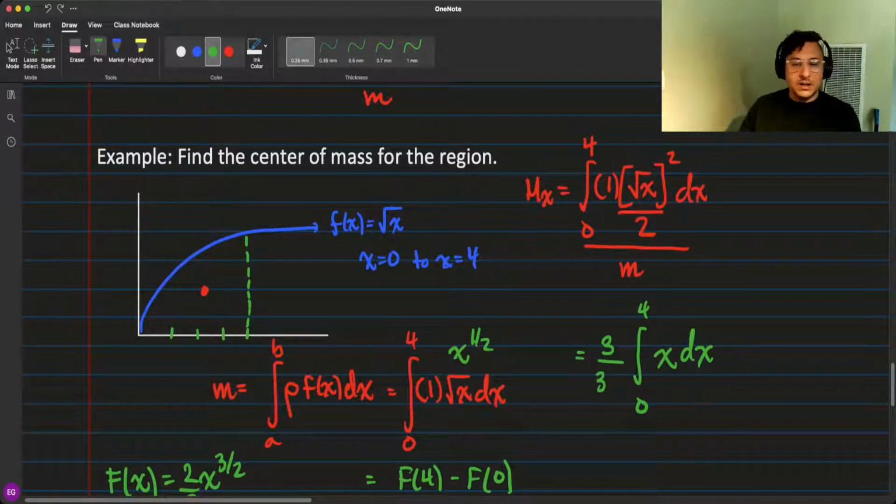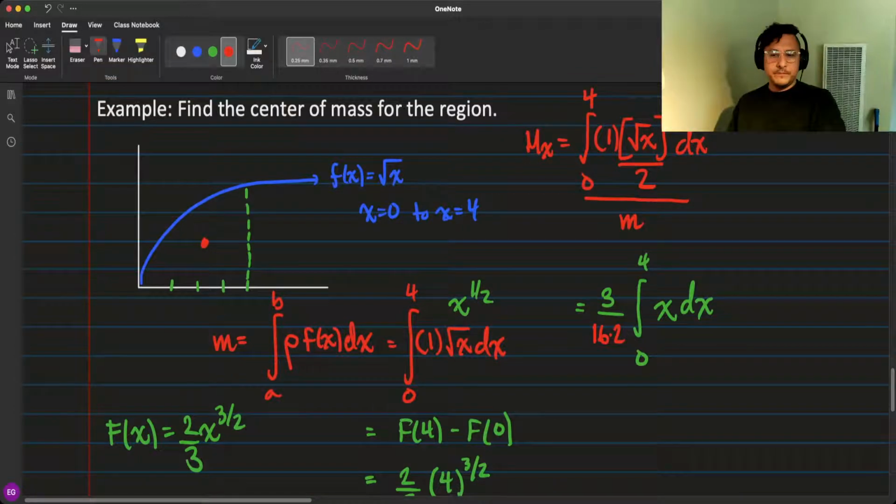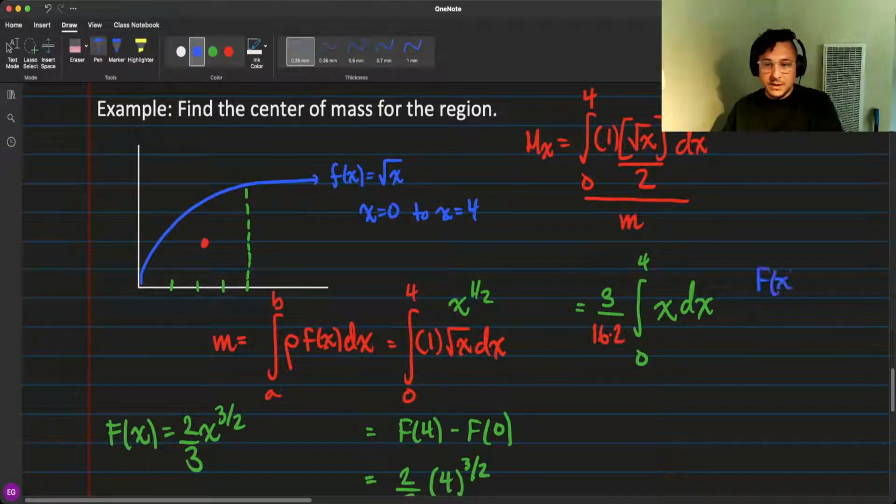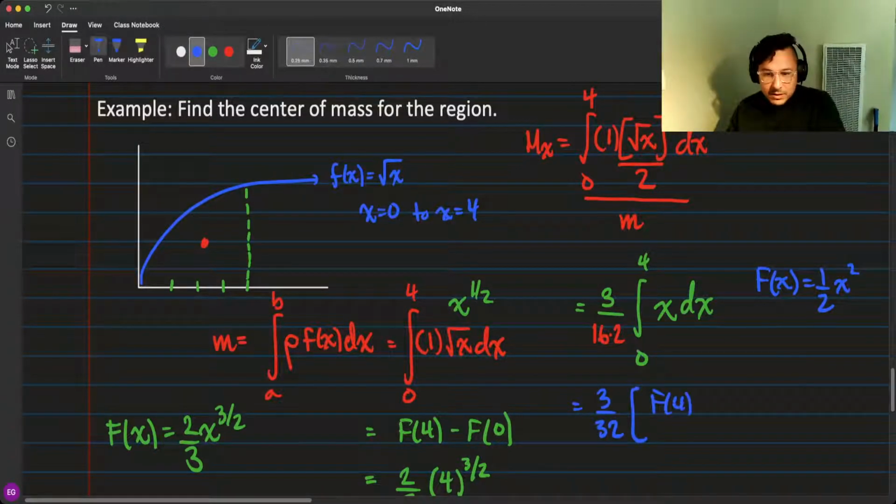I'll put a different color. We're going to put 16 times 2, so you can see where it came from. Then when we integrate that, that's not that bad. The antiderivative of x is 1/2 x squared. So you're going to get 3 over 32 times f of 4 minus f of 0.